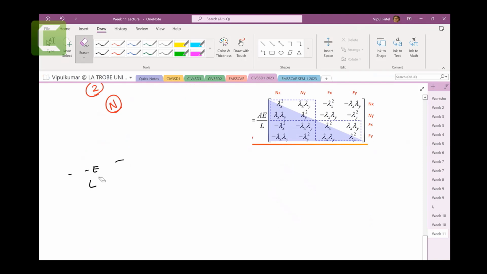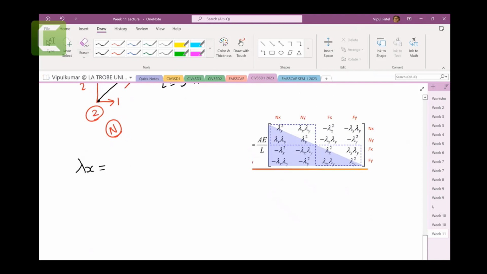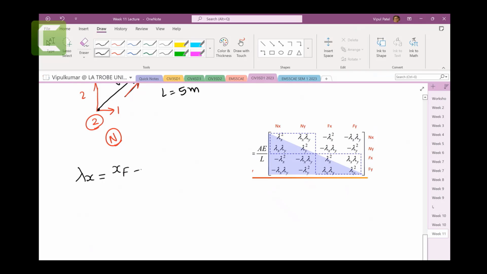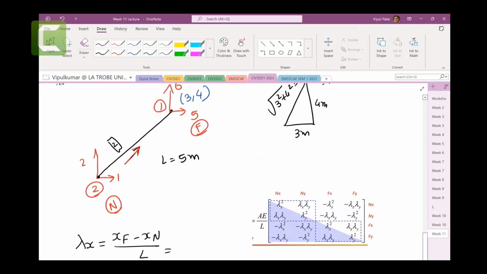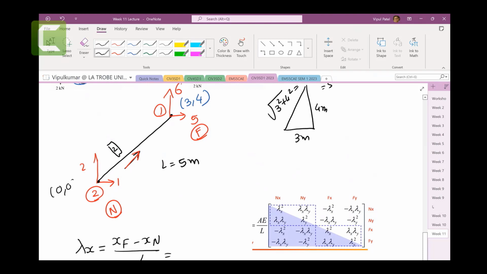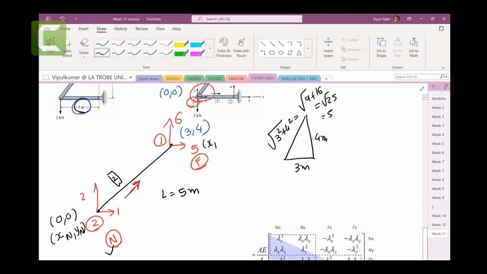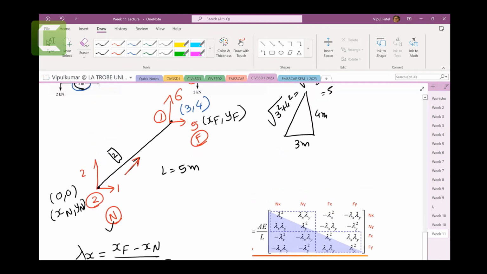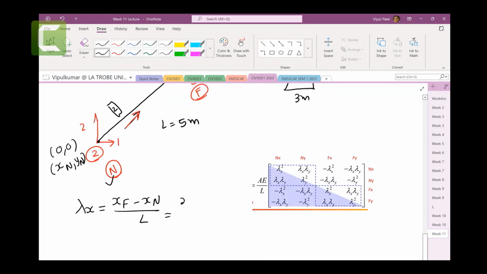We can calculate lambda x first. Lambda x equal to x of far node minus x of near node over length. Now this is 0, 0 here, and that is x of near, y of near because that is near node, and that is x of far and y of far. So x of far is 3. X of near is 0. Length is 5.